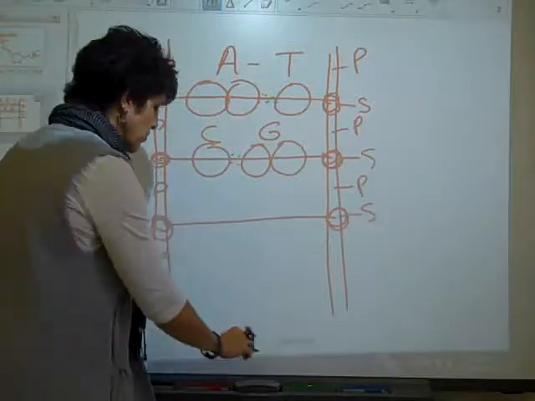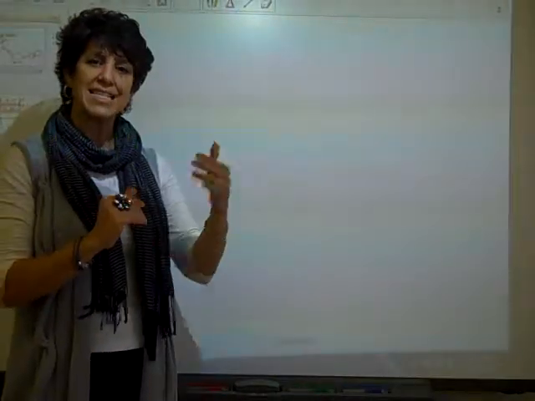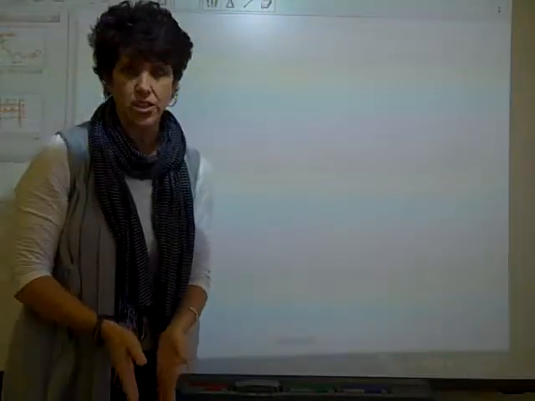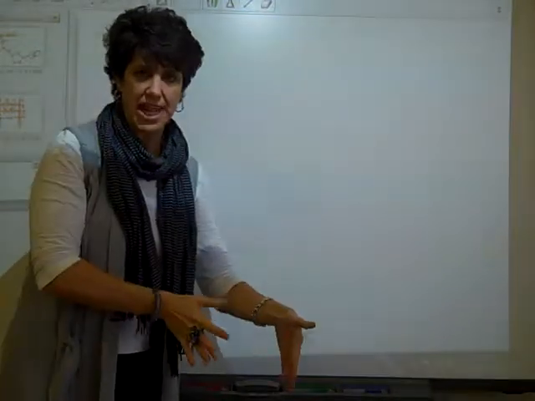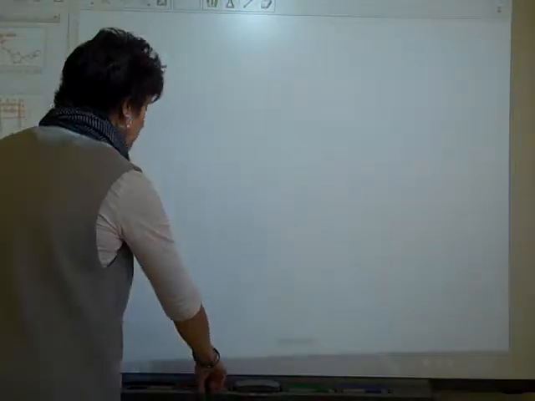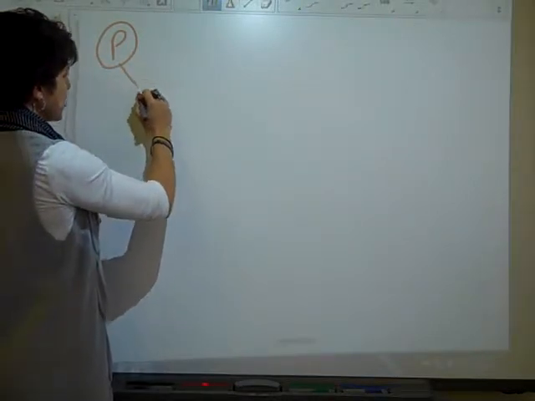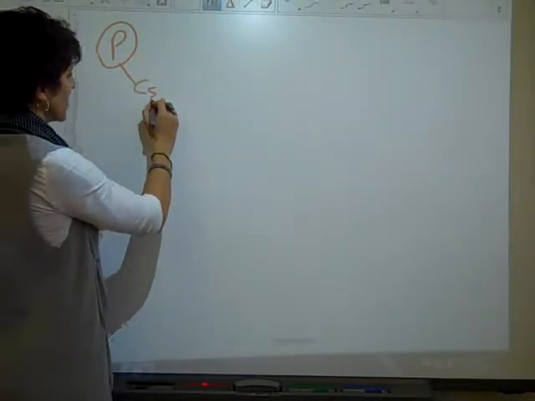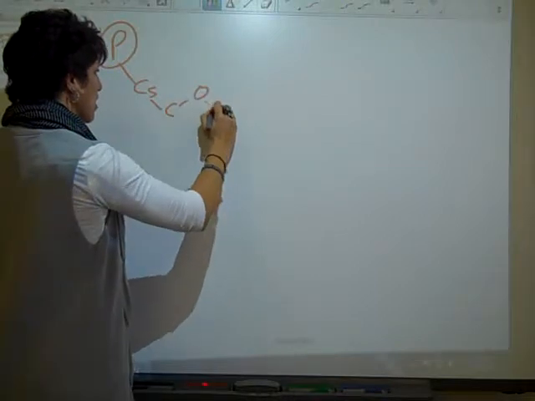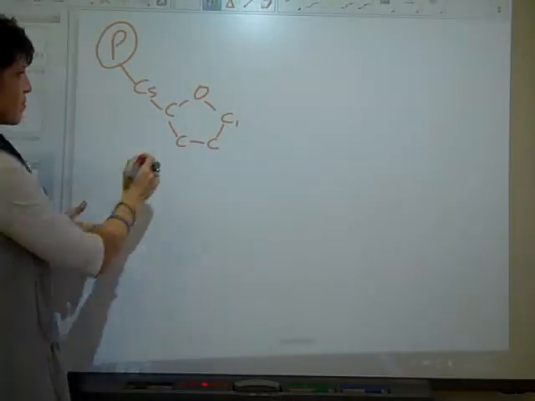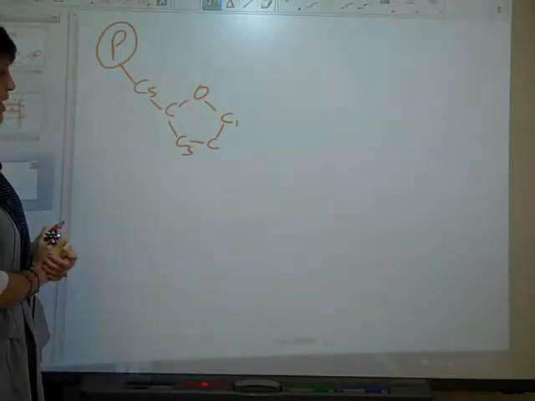Now, something else that is really unique is that one side is anti-parallel to the other side. What that means is one side looks right side up and the other side looks upside down. So if I draw P for my phosphate group, here's my sugar, my 5-carbon sugar is here, and then 4, and then 3, 2, and 1. The 1 carbon sugar being here, 3 carbon sugar being here.